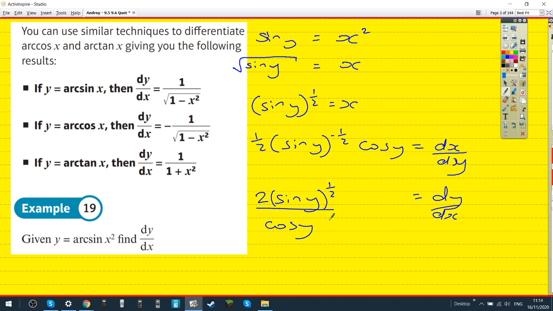And so that's the only one on the bottom. What is sine y the same as? In terms of x squared. Yeah. 2x squared to the half. What does that simplify to?